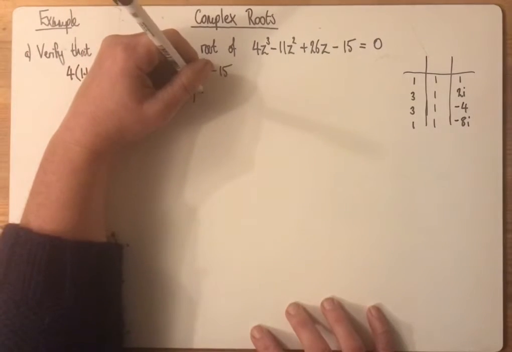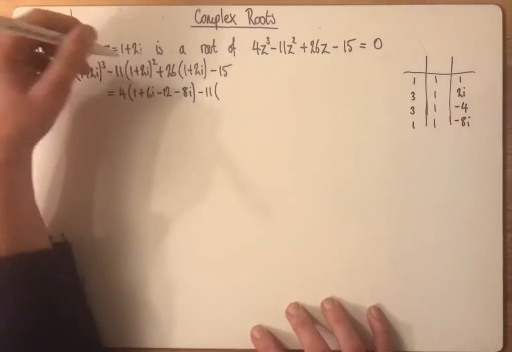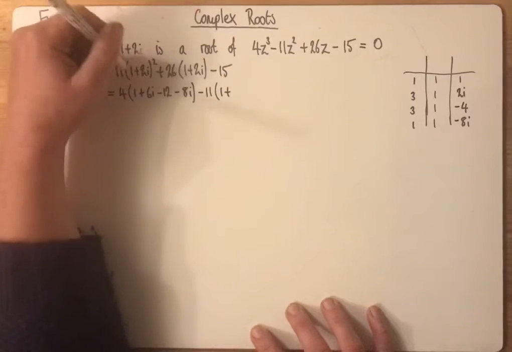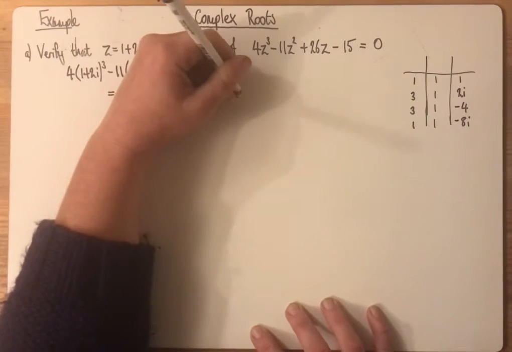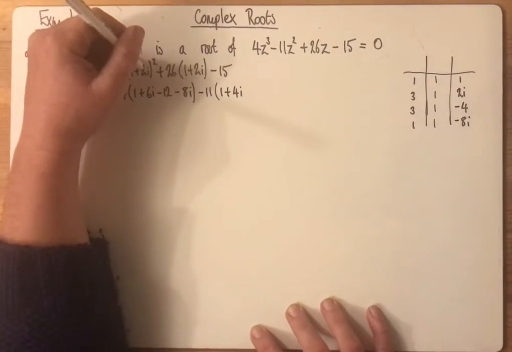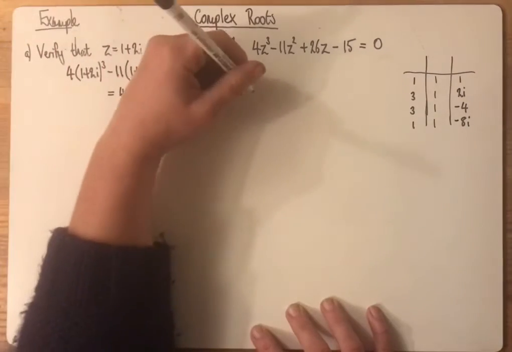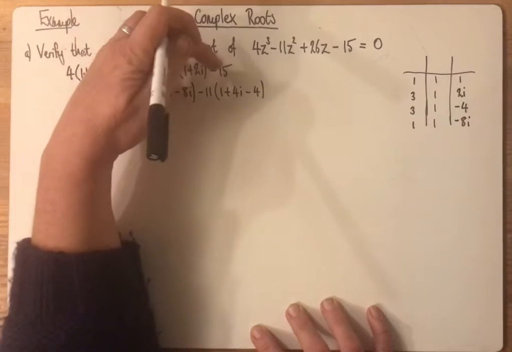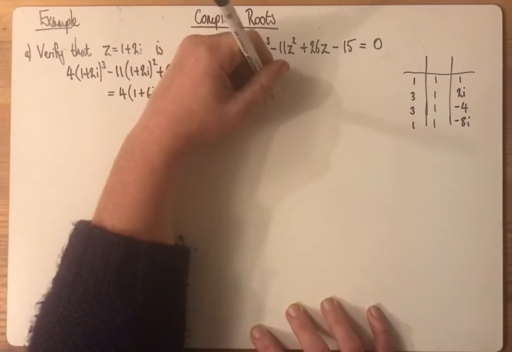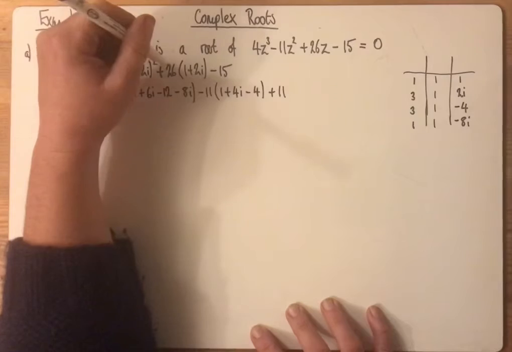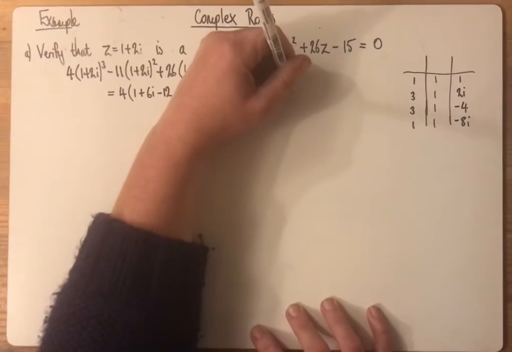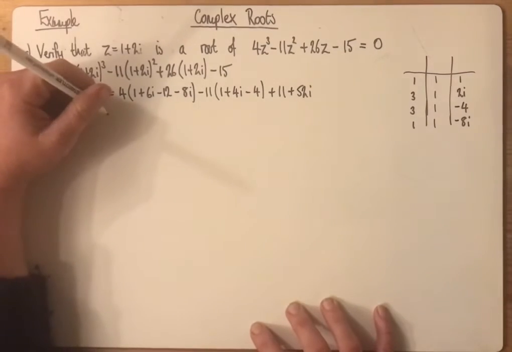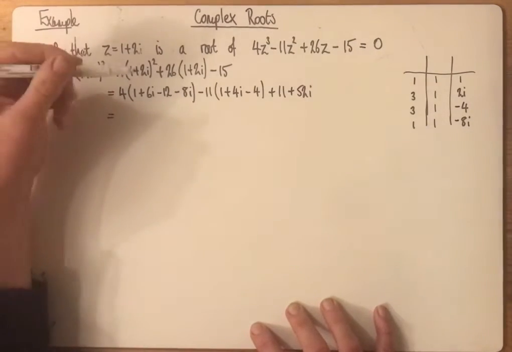And then I need to subtract 11 lots of 1 plus, expanding this, 4i, 2i squared is minus 4. And then 26 minus 15 is 11. And then 26 times 2 is plus 52i. So tidying up again.